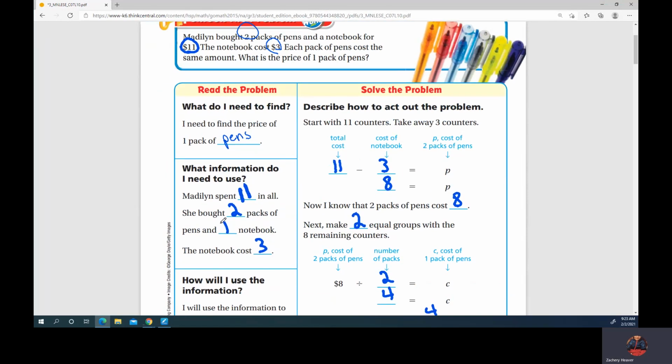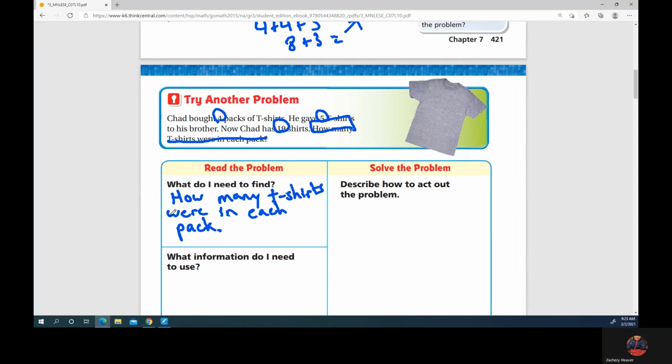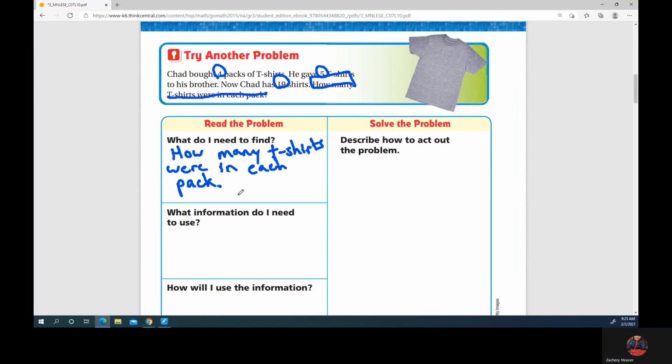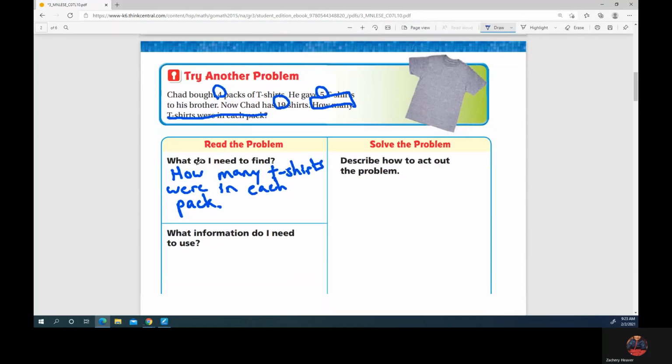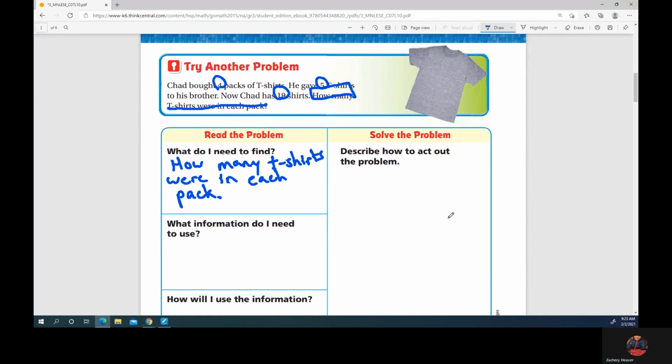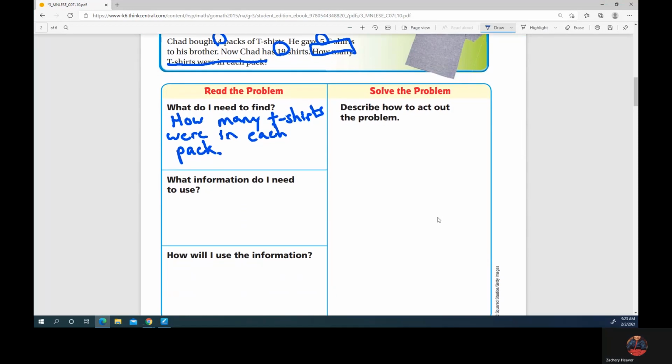Well, like up here, we know that he bought 4 packs. So he has 4 packs. Chad has 4 packs, gave 5 away, and now has 19.